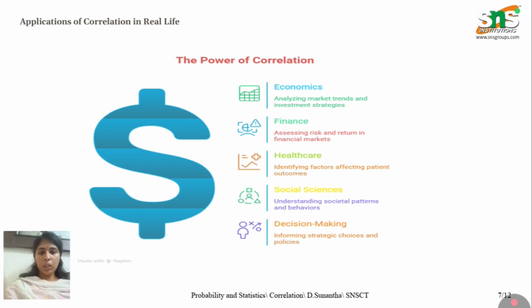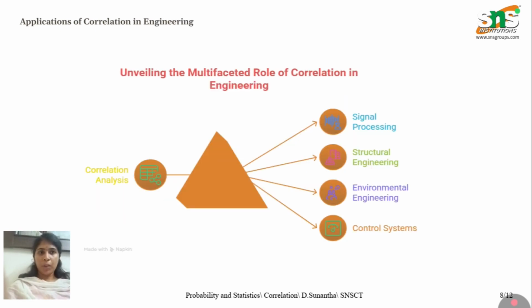So if both are connected very well, we'll proceed with that. So in social sciences, understanding societal patterns and behaviors, we can use this correlation. Next, informing strategic choices and policies in design decision making, also we can use this correlation.